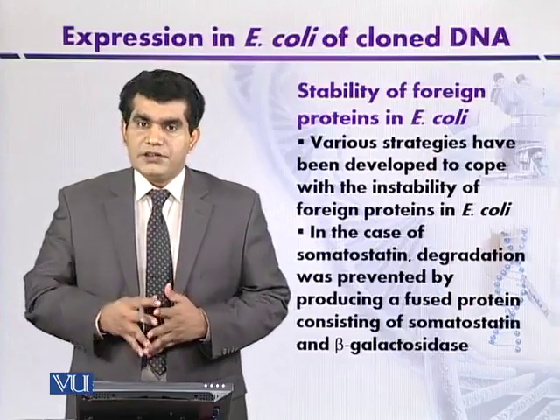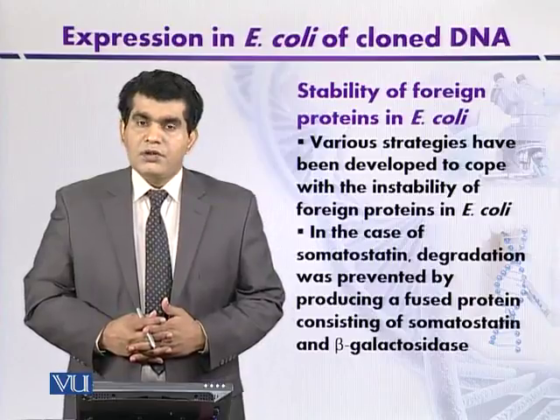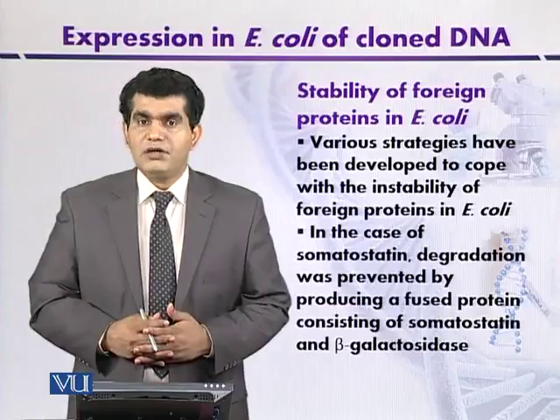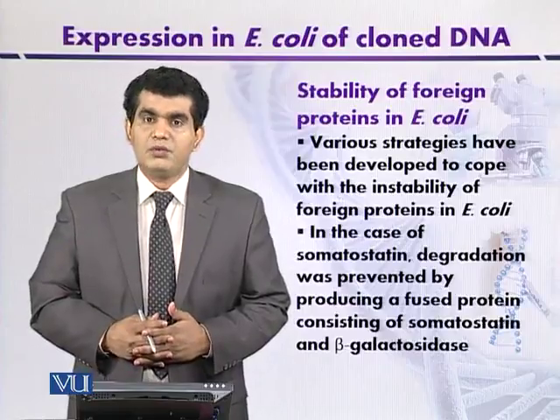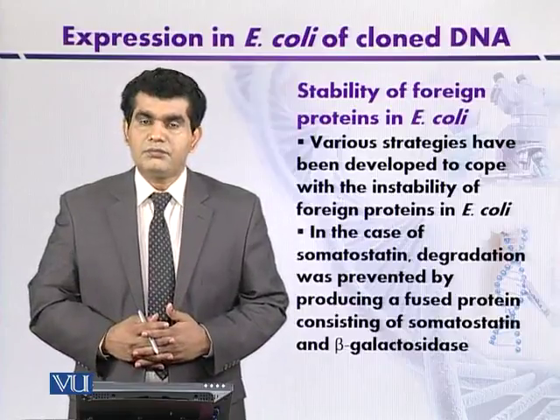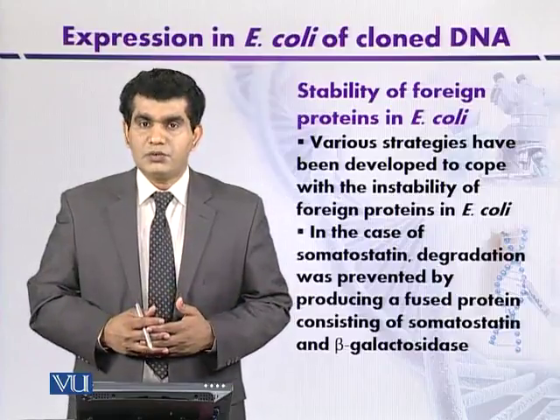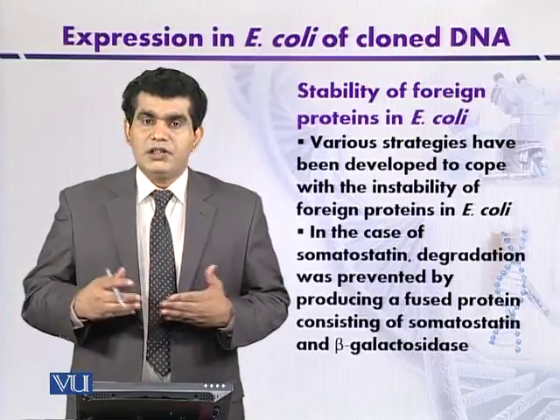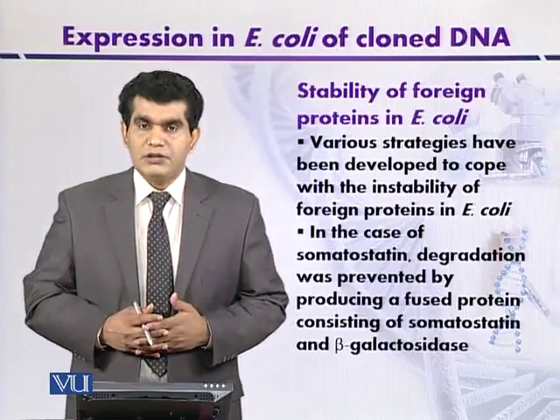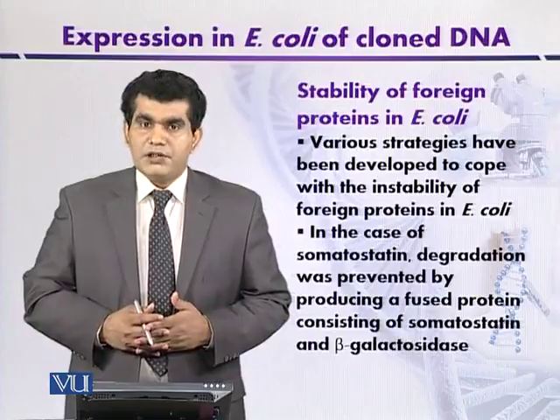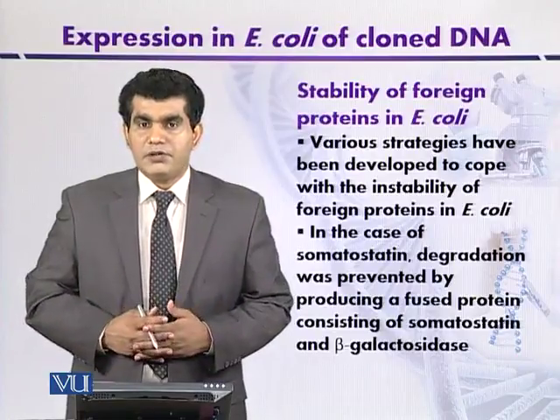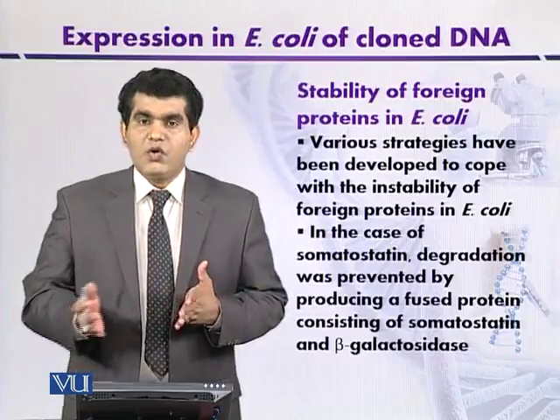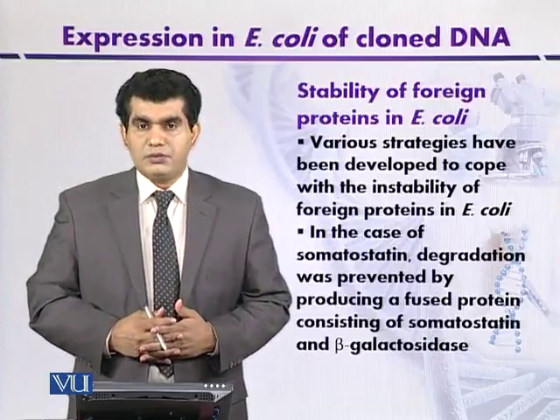So different strategies have been used to tackle this problem, that is instability of the foreign proteins in the host organism. One of the strategies, as I told you, is the expression of proteins in the form of fusion proteins. For example, one can quote the example of proinsulin in combination with beta galactosidase.